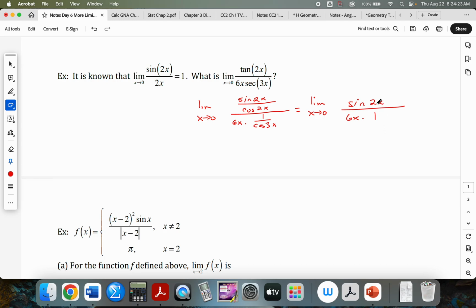Well, we'd like this to be sine of 2x over 2x, so we just need to factor out a 3. That'll be the limit as x goes to 0 of 1/3 times sine 2x over 2x. So it's 1/3. You didn't have to change the secant part, but I'm just more comfortable with sine and cosine. I think that's true for most people.